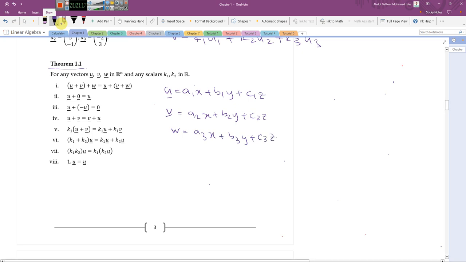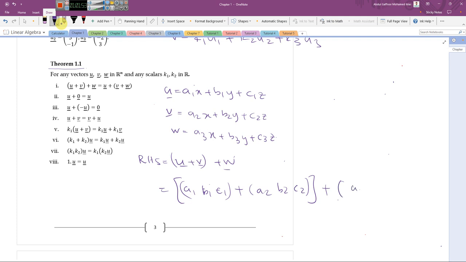Now I take the LHS, (u plus v) plus w, which means first I have to add u and v, then with the resultant vector I have to add w. So u is (a1, b1, c1), plus v is (a2, b2, c2), plus w, which is (a3, b3, c3).